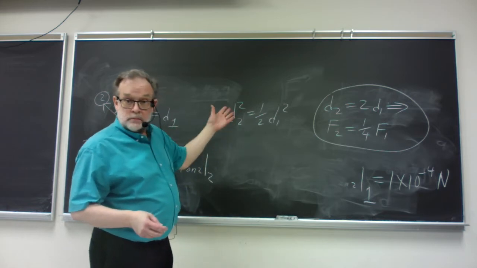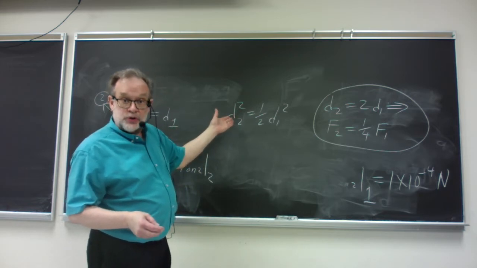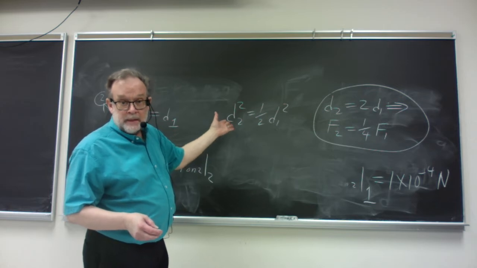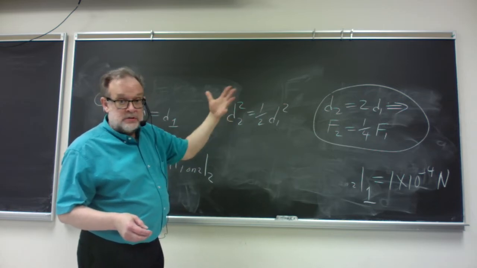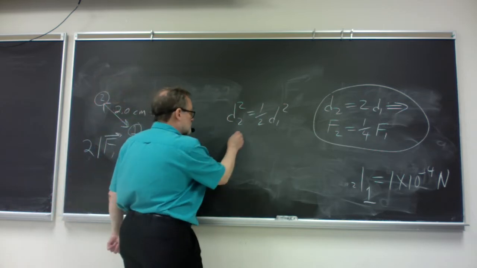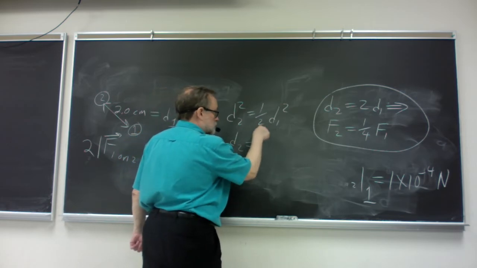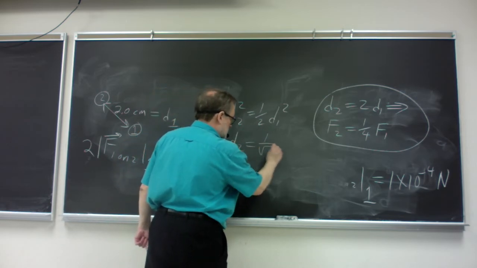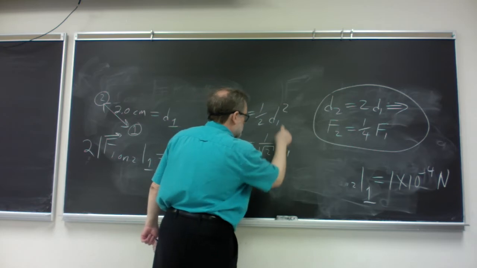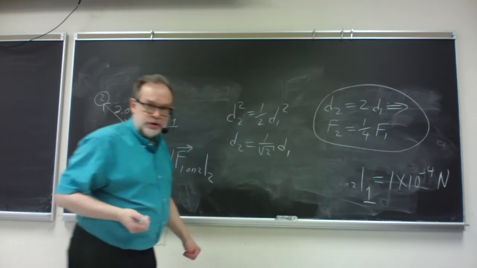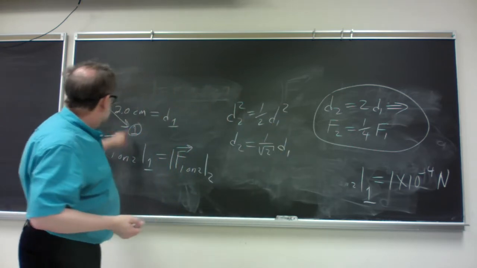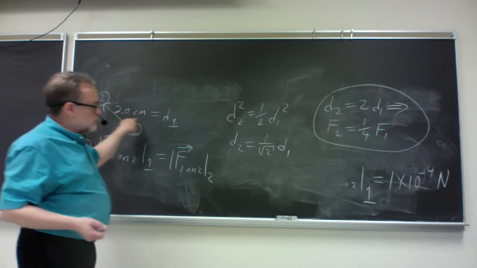Well, all you have to do is solve this equation for d2. And the easiest thing to do is just take the square root of the whole equation. So d2 is just 1/square root of 2 times the square root of this, which is just plain old d to the first power. D in the first case was 2.